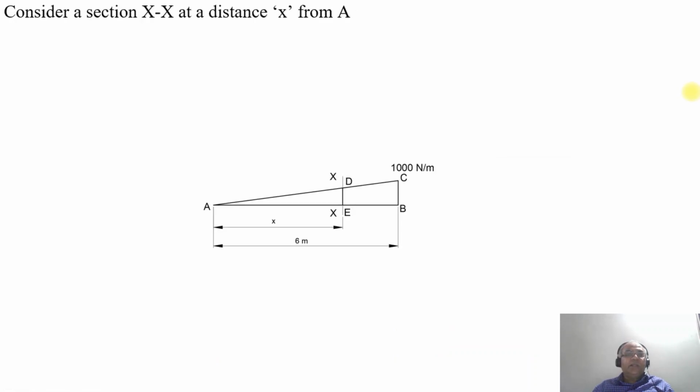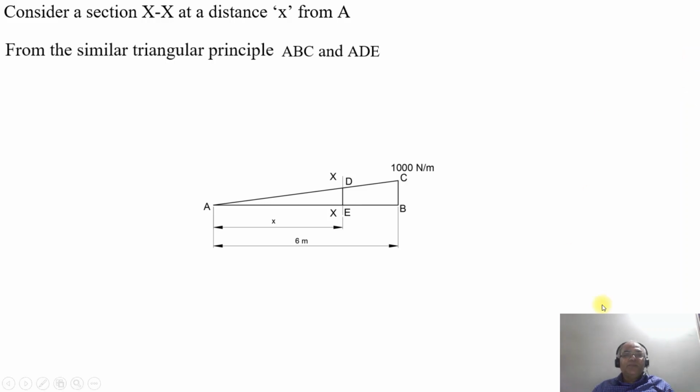So once you are considering that, from the similar triangle principle, we have two triangles, one is ABC and the other one is ADE. So BC by AB will be equal to DE by AE. What is BC?